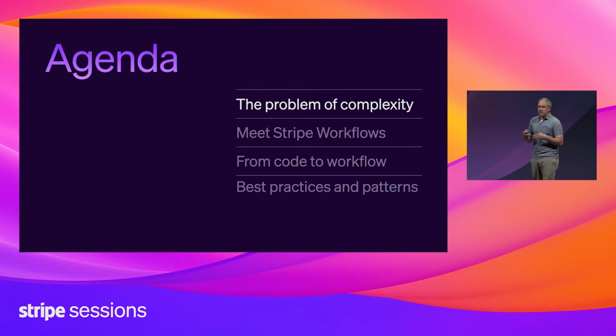Over the next 30 minutes or so, we're going to explore how Stripe has evolved from a payments provider into a platform that allows you to run your entire financial infrastructure. We'll highlight the types of complexity that come with this type of evolution, and we'll introduce this new product that Tanya and team have built that has helped to simplify this problem of complexity. You'll see a live demonstration in action, and what we're going to do is build a very simple use case in code, and then Tanya is going to recreate that use case using Stripe Workflows, and we'll continue to build on that as we go through the talk.